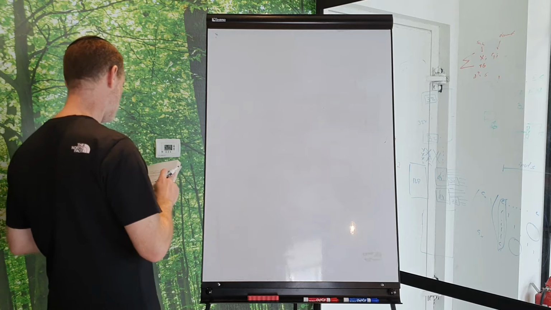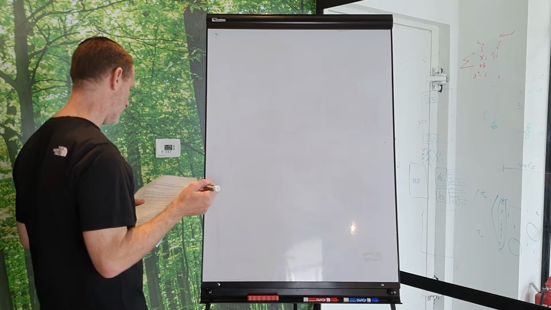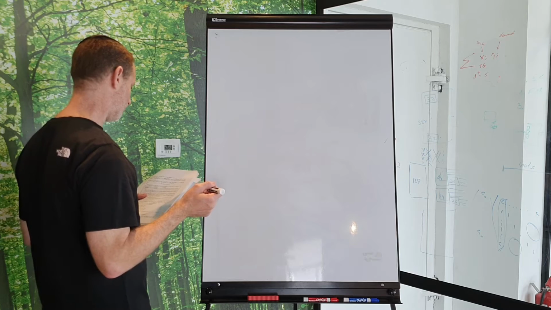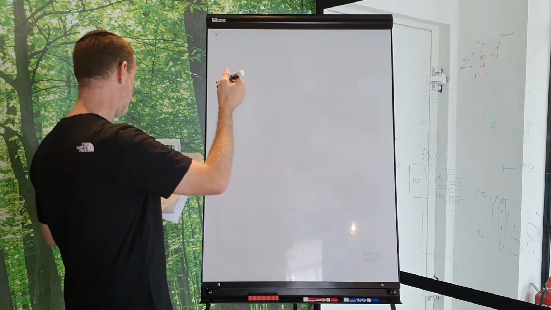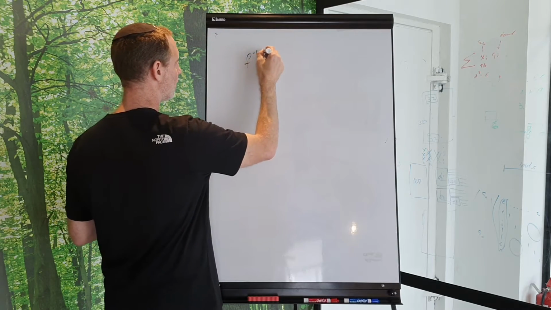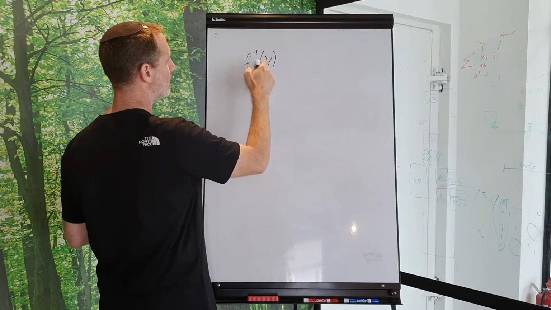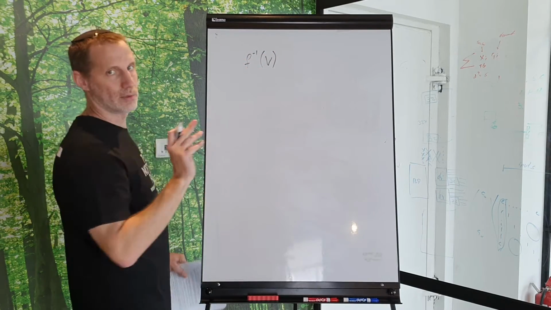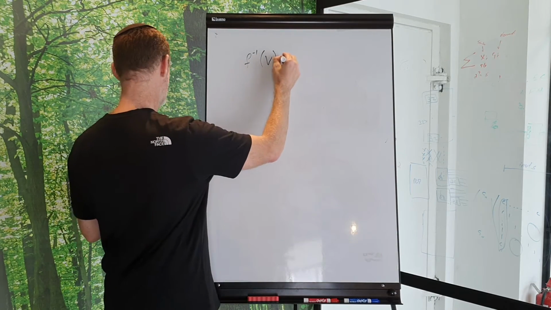So the pre-image, which is actually important, is the following. If I have f from x to y, the pre-image, which is my f minus 1, is always defined on a set. That's important.